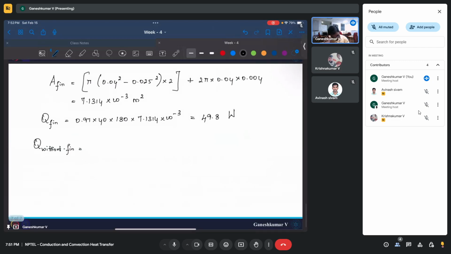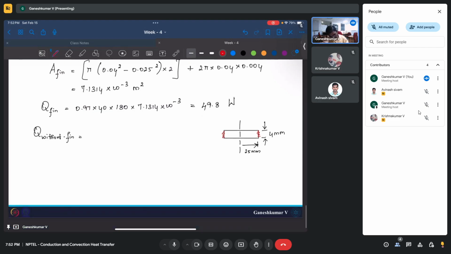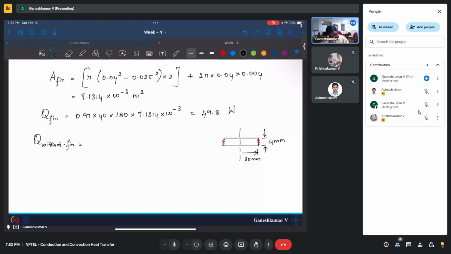So basically I'm trying to say this 4 mm times this 25 mm is the only area available for convection when you do not have a fin.